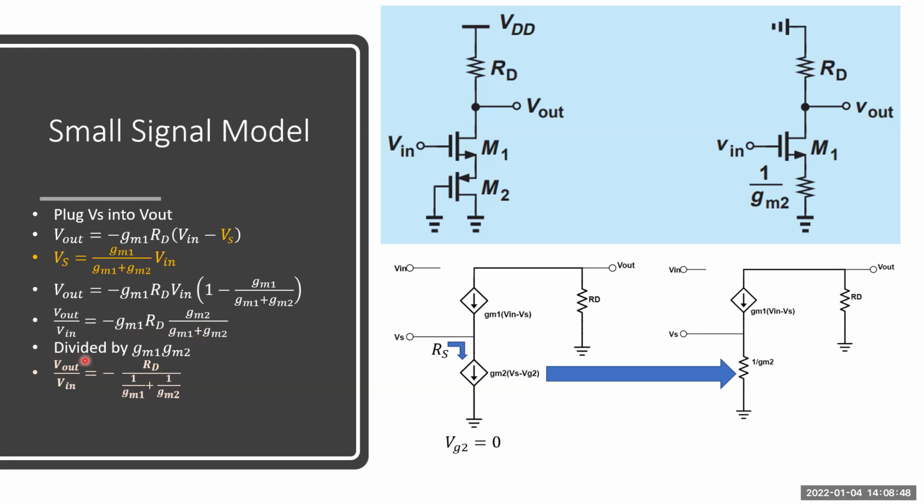You can divide the numerator and denominator by gm1 times gm2. We get minus RD divided by (1 over gm1 plus 1 over gm2). This is the voltage gain expression for this circuit. In the question, we don't have numerical values of any parameters, so the voltage gain is expressed in terms of MOSFET parameters. Okay.